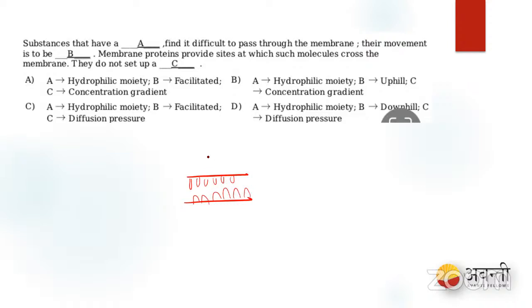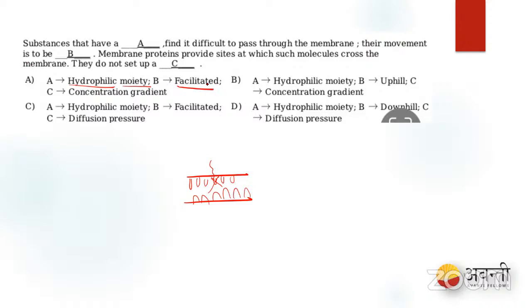So whenever a hydrophilic molecule has to enter, it does not interact well with the inner membrane. Any hydrophilic moiety finds it very difficult to pass through the membrane, and their movement has to be facilitated.